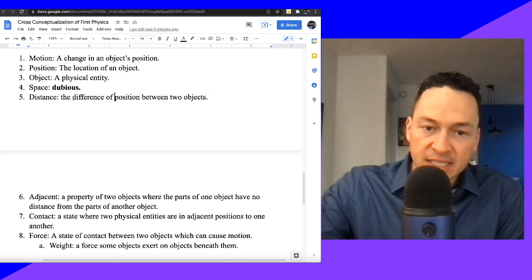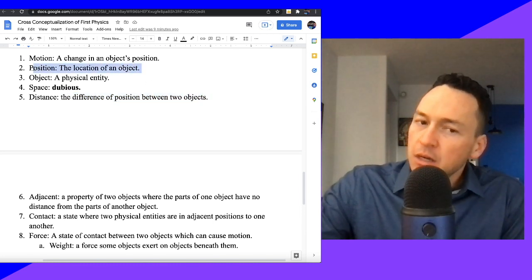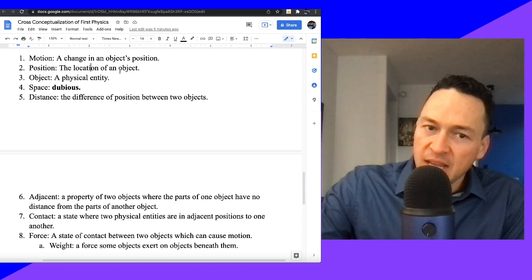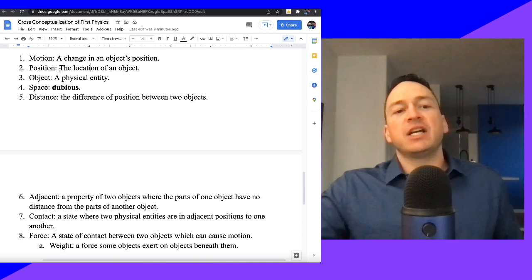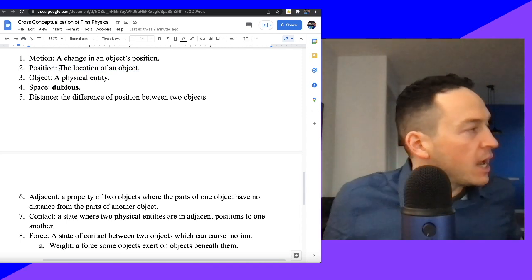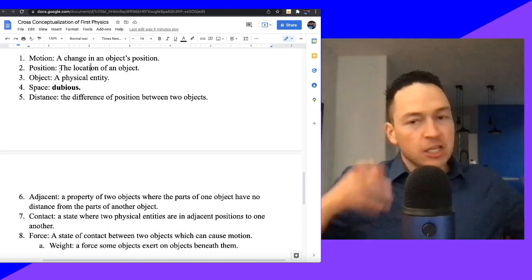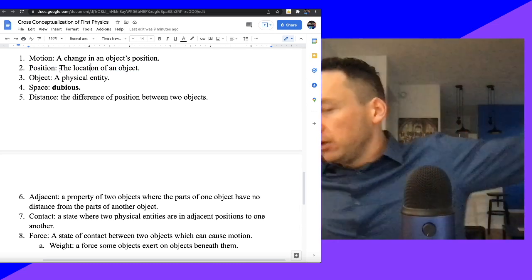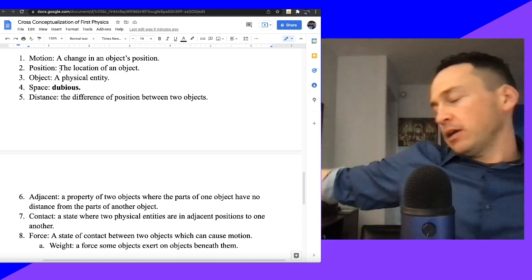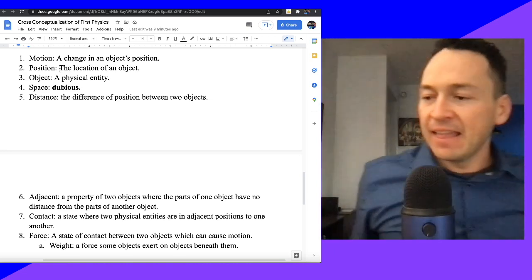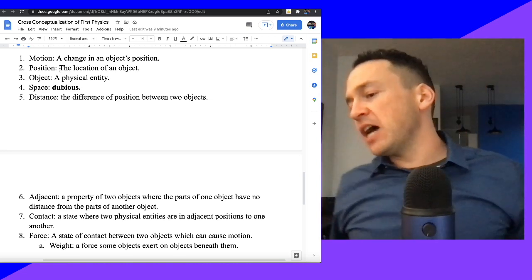So distance is a difference in position. What is position? Okay, well, let's say that the universe was just this big old container. Well, let's not go there.